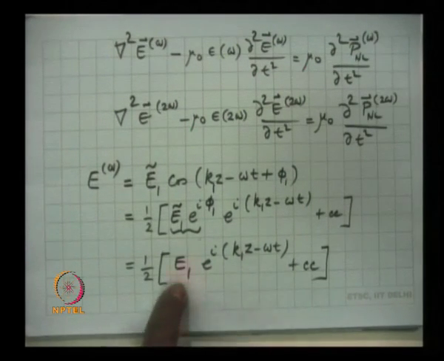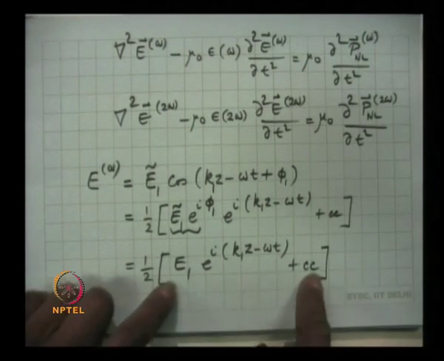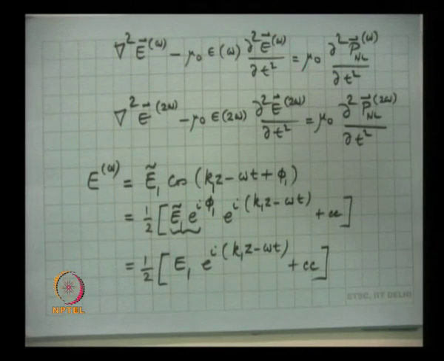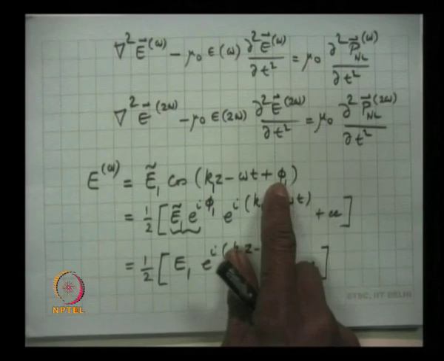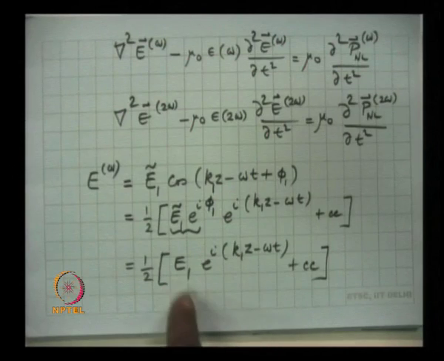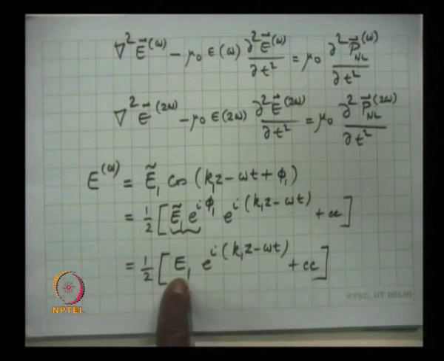So, if the phase changes, E1 will change in complex magnitude and phase, and when you add the complex conjugate, you will get that phase inside the cosine term again. A change of phase inside the cosine term implies that E1 is changing with z. Whether phase changes with z or amplitude changes with z, E1 will change with z.